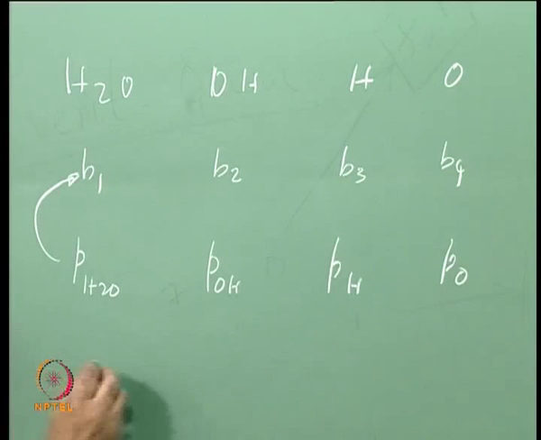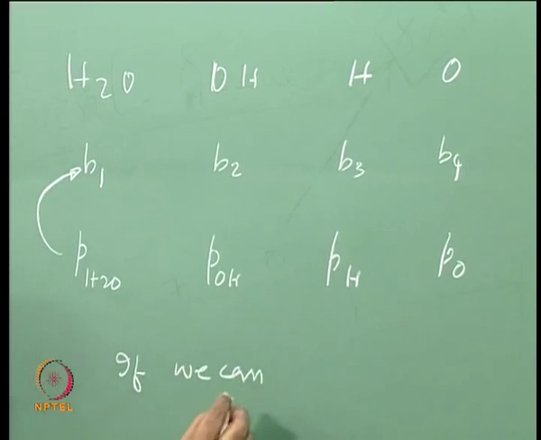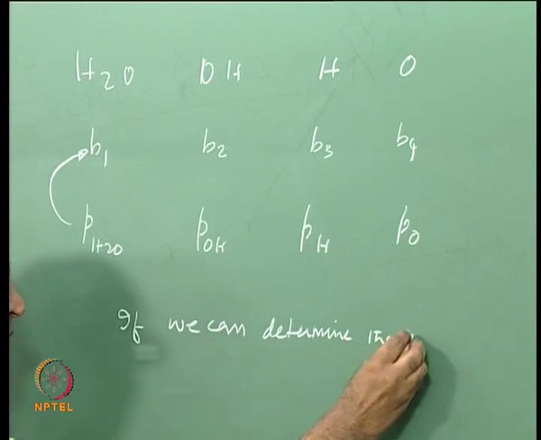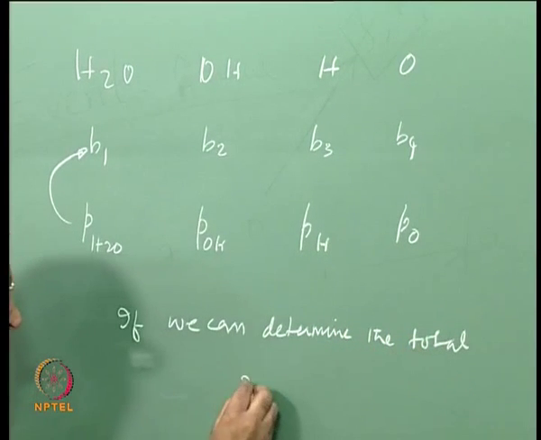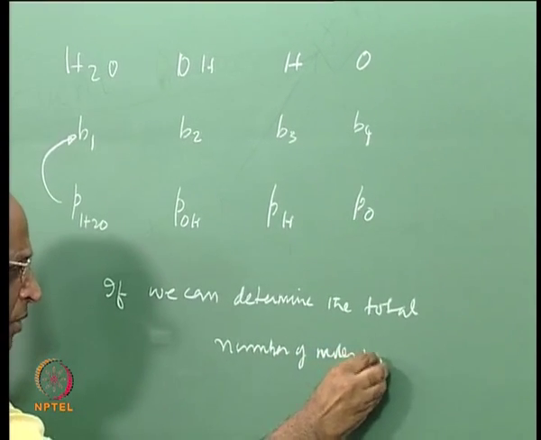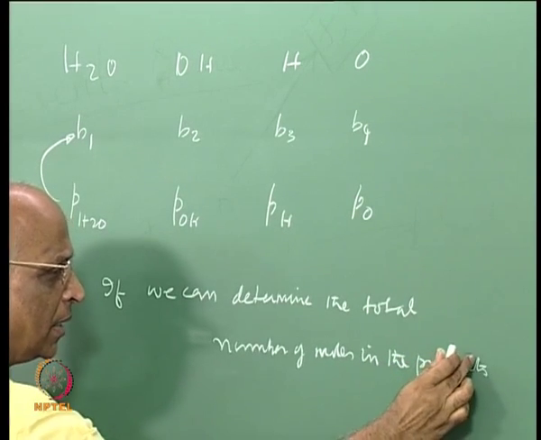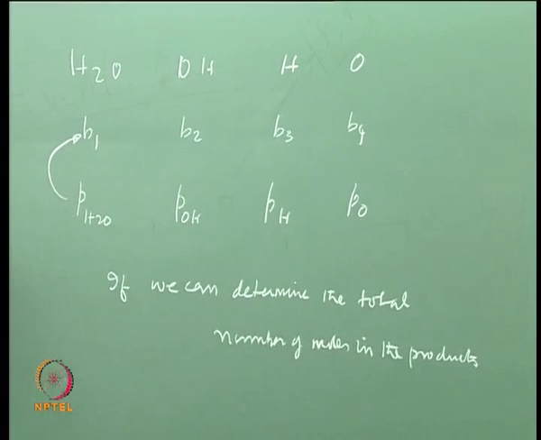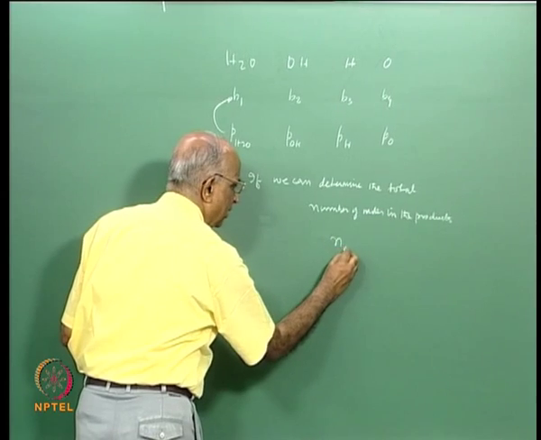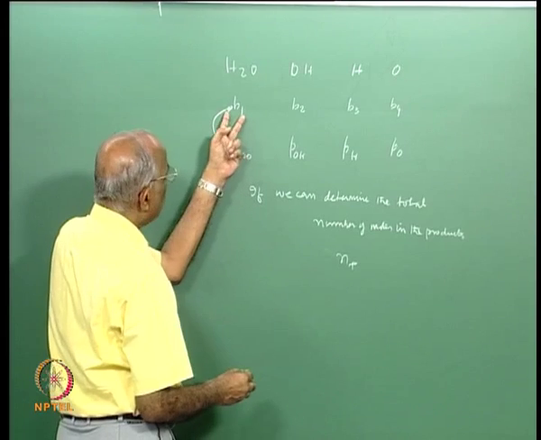To be able to do that, we can determine the total number of moles in the products, then I can always go back and determine this. Let us say that the total number of moles in the products is NT, total number, and the number of moles of H2O is B1.